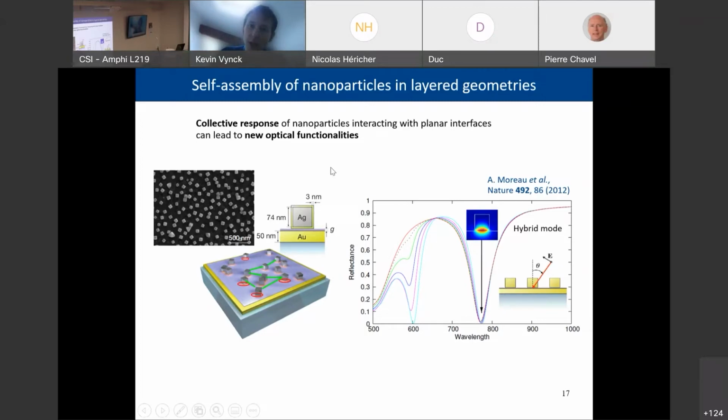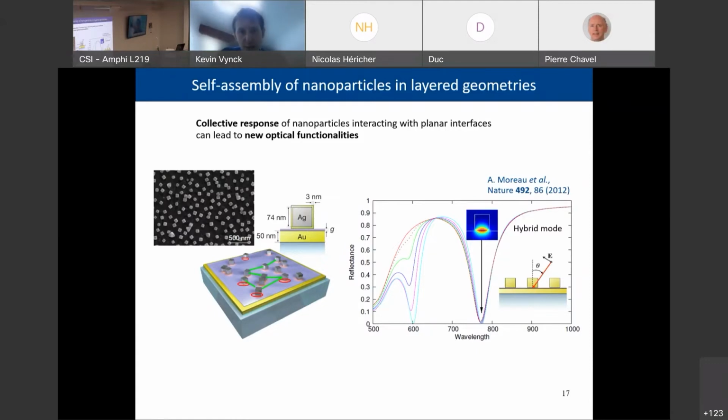I'm giving here one example. This is a metallic nanocube that is placed on a metallo-dielectric substrate. And you have a very thin gap of dielectric of a few nanometers between the nanocube and the gold substrate. So the nanocube itself is just an object that will scatter light. There is nothing special. And the substrate itself is just like a mirror, okay, a specular mirror. So there is nothing special again.